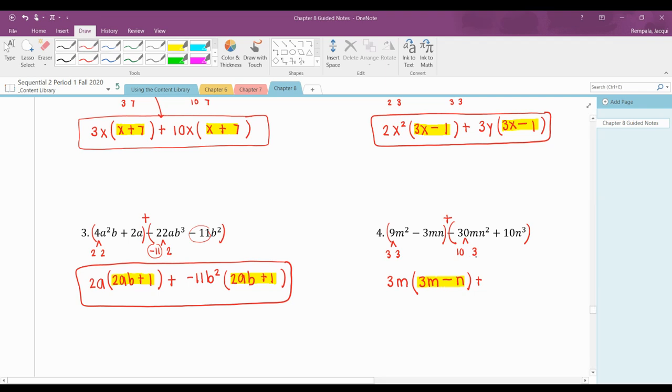So that means the 3 has to be positive, which means the 10 has to be negative because I need to multiply to get me negative 30. So if that 10 is negative, that means I need to make this 10 negative as well. But how do I make a 10 negative if it's positive? Well, I have to multiply it by negative 1.